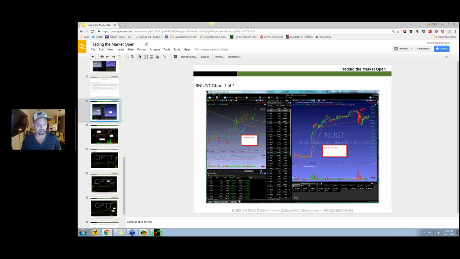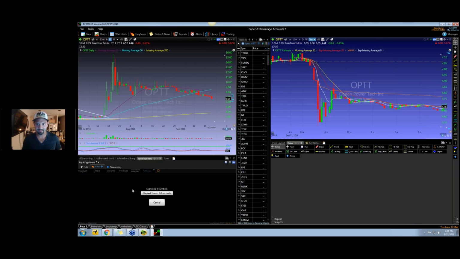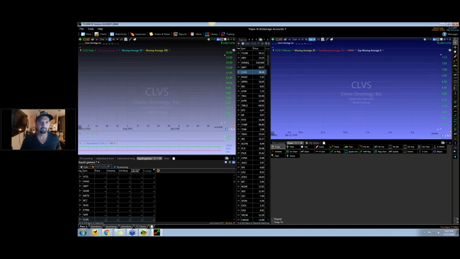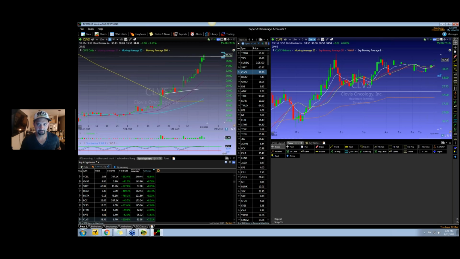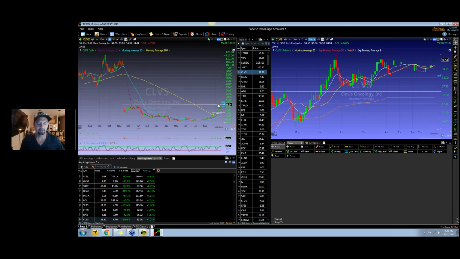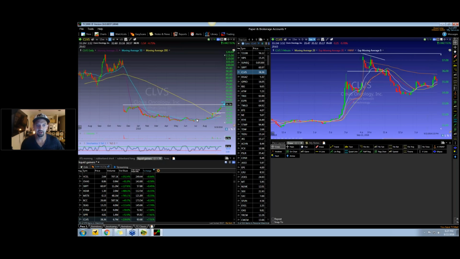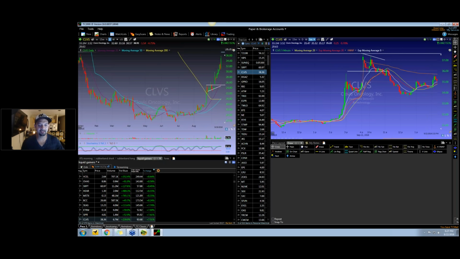I just did this on this CLVS. I made 2 G's on this thing yesterday. Same type of deal. Yesterday, the stock gapped up. This thing had been up like 5, 6, 7 days in a row.